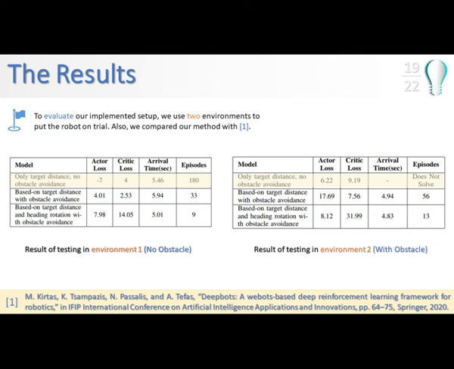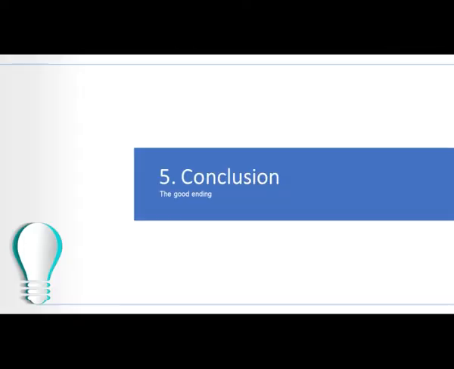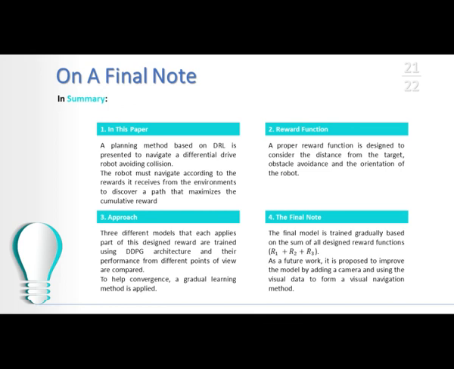The arrival time was 4.83 for our best case scenario, and we can see that the combination of these 3 factors that we have introduced in the reward design slide can be really good, and the results can show that.